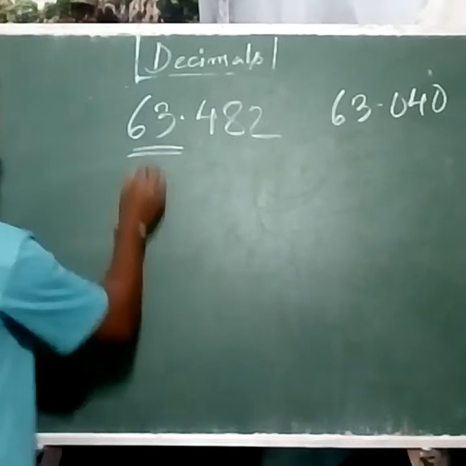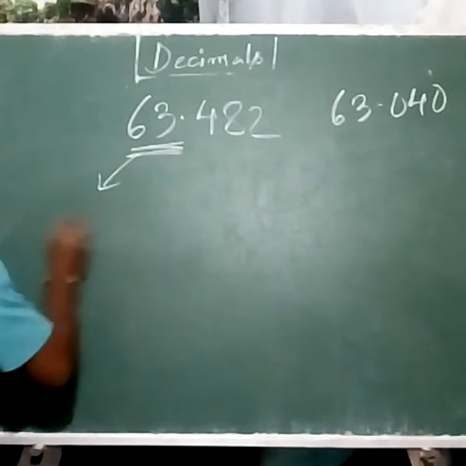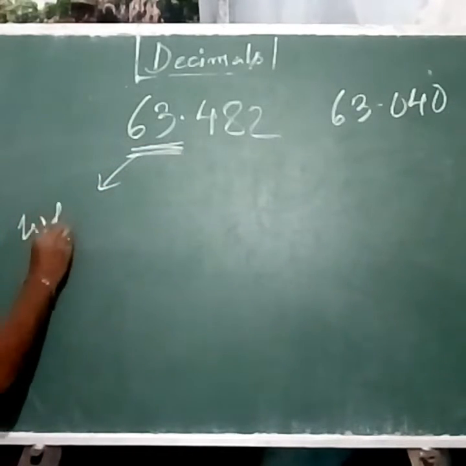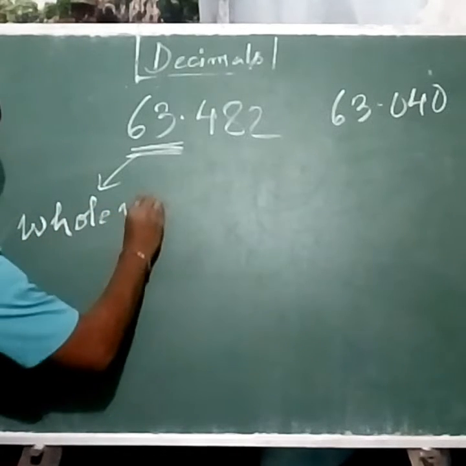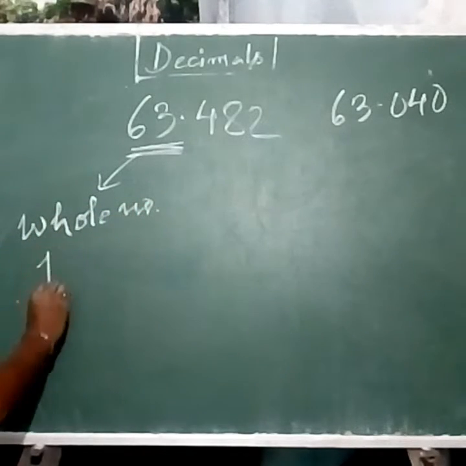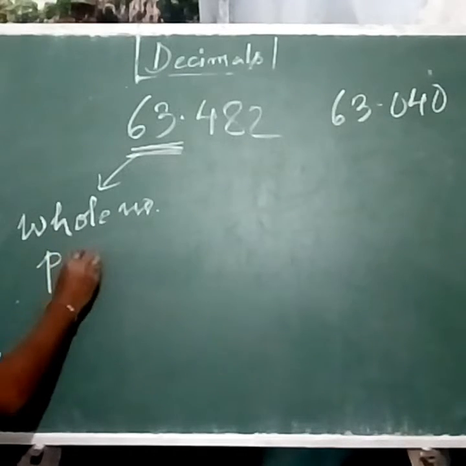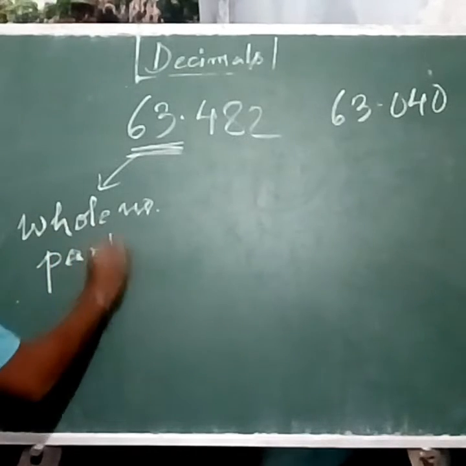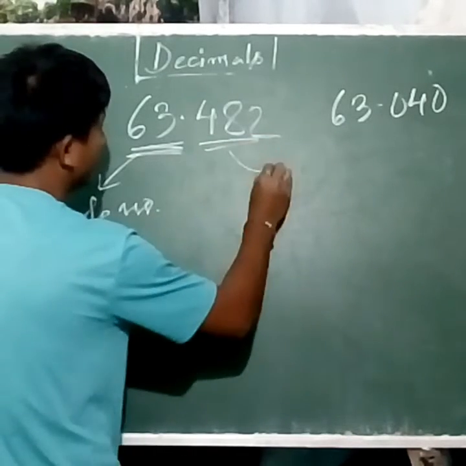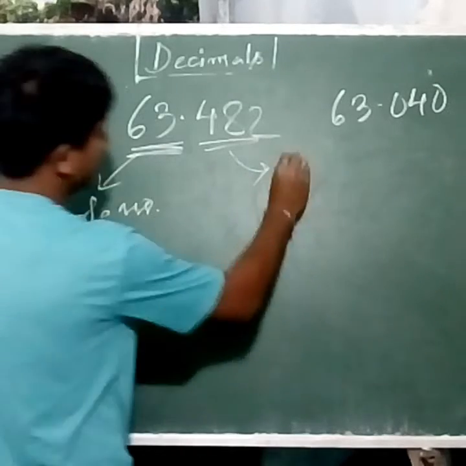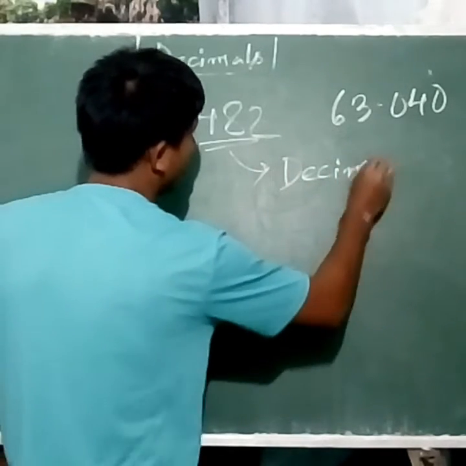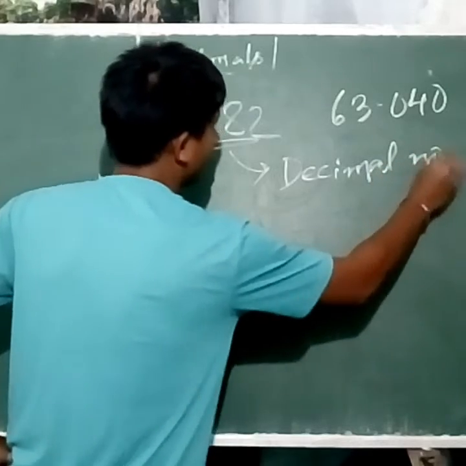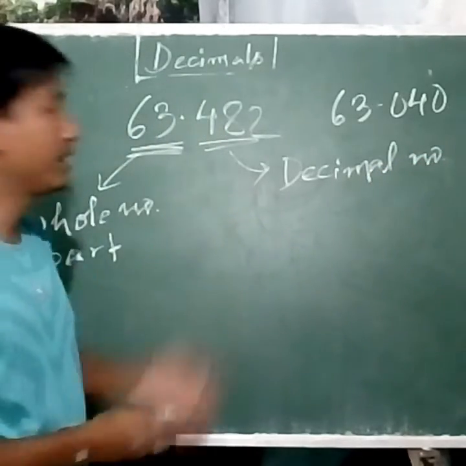So this particular 63 is called the whole number part, and this is the decimal number part.